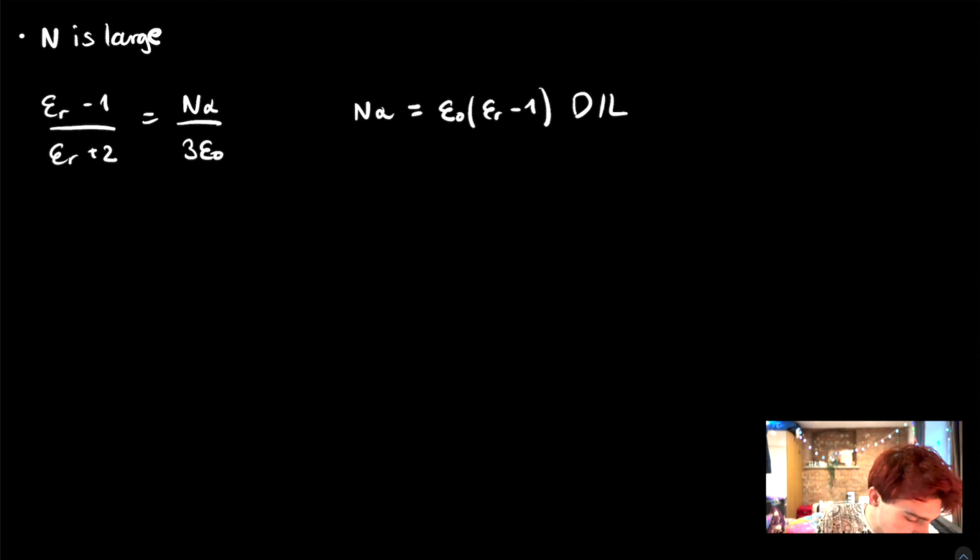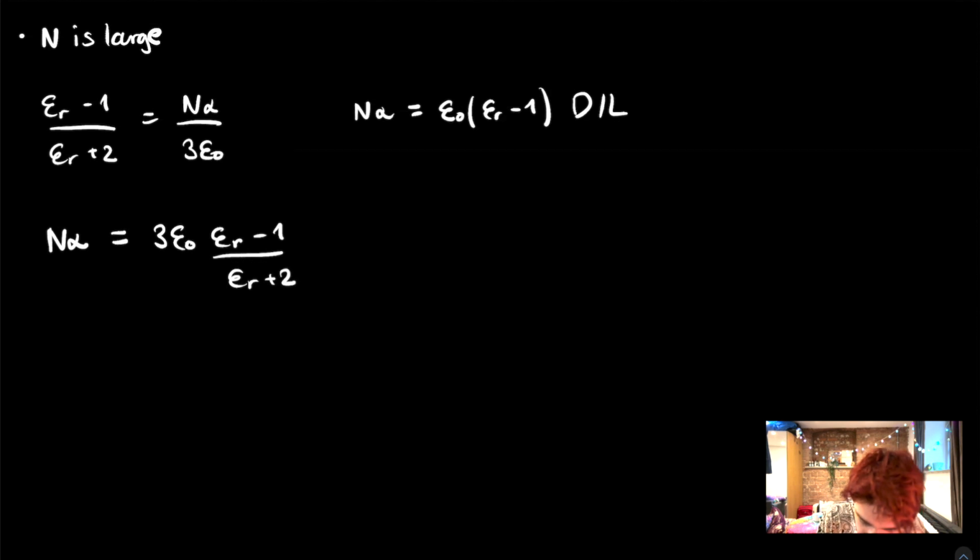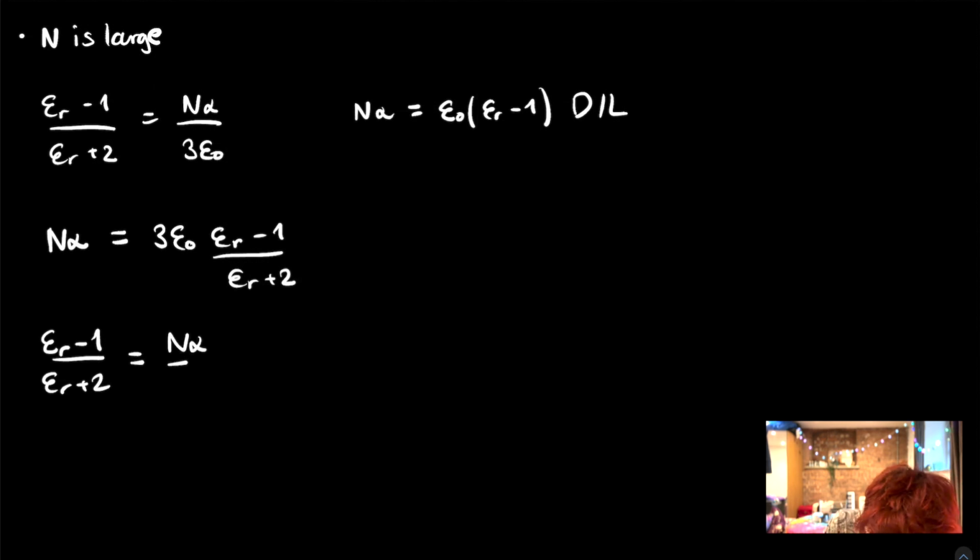So when we're rearranging this to find n alpha, we're going to just simply get the whole equation. We're going to get n alpha is equal to 3 epsilon naught times epsilon r minus 1 over epsilon r plus 2. Putting this back, epsilon r minus 1 over epsilon r plus 2 is going to be equal to n alpha divided by 3 epsilon naught.